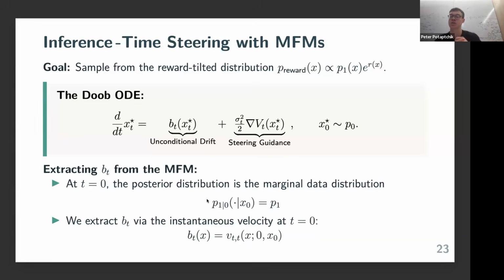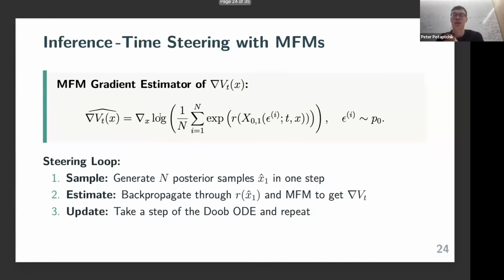In all of our experiments, we actually extracted it directly from the meta flow map, but I won't go into that. What I just want to quickly explain is, once again, how we can estimate this term, because that's really what the meta flow map is going to allow you to do. We're just going to plug it into the exact same estimator we had before, except I'm going to replace phi with my meta flow map going from time 0 to 1. So I sample a batch of samples from the prior distribution P0.